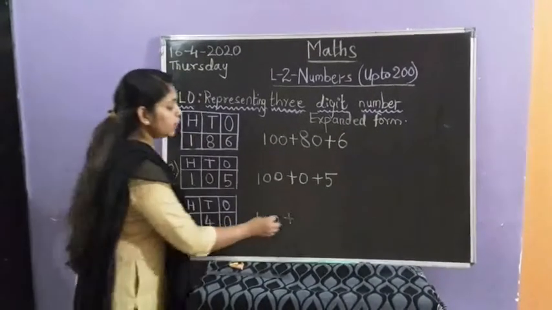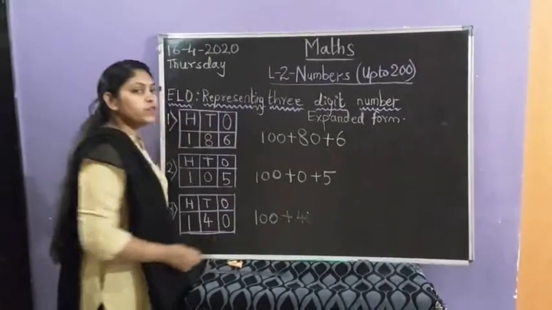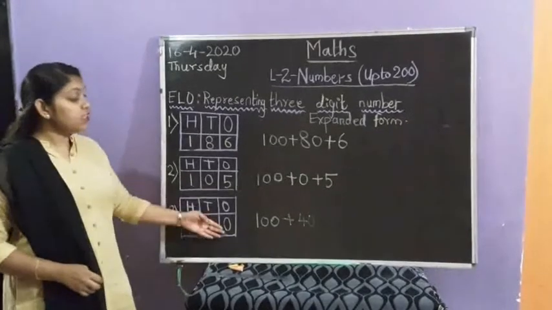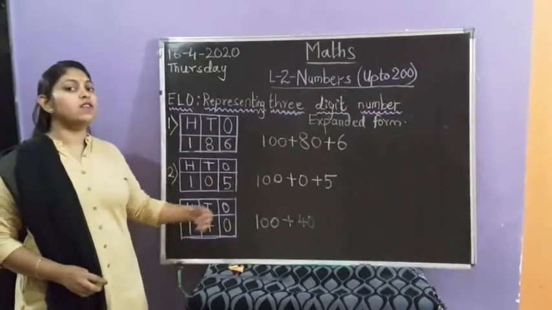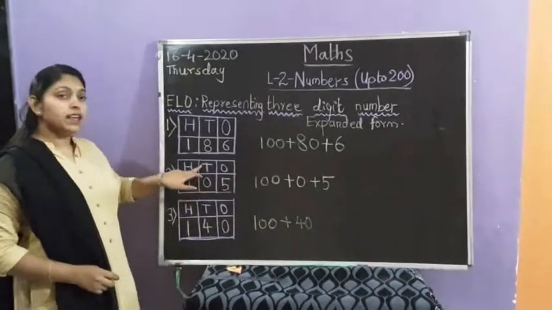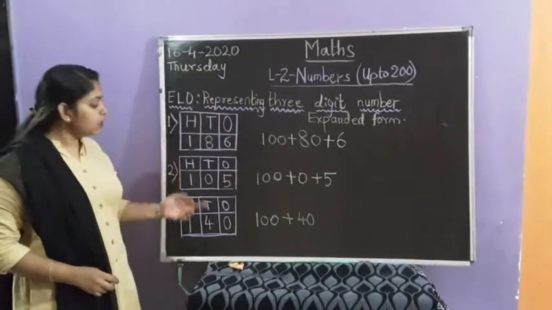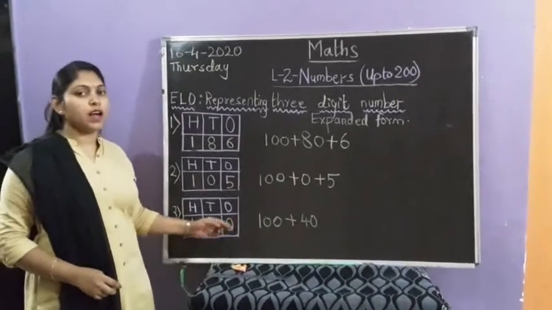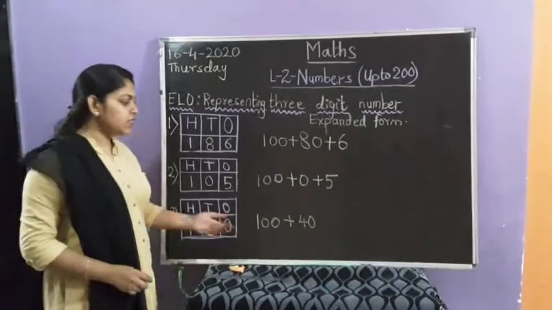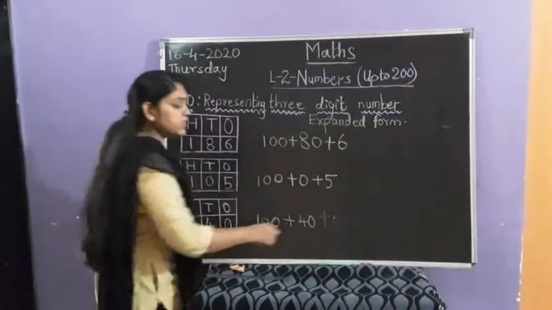So, the place value of the digit 4 is 40. Can you see? Here now we have 0 in our ones room. Like we had 0 in our tens group in the previous example. Similarly, here we have 0 in our ones room. So, the place value of 0 is 0.